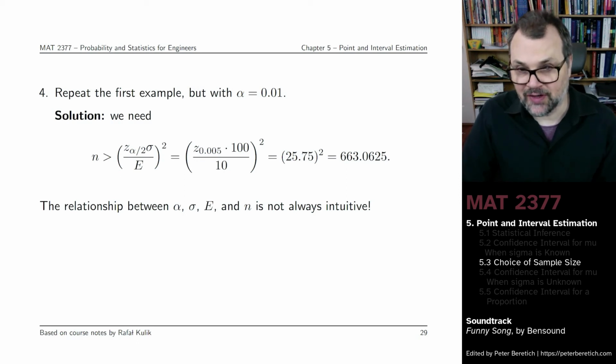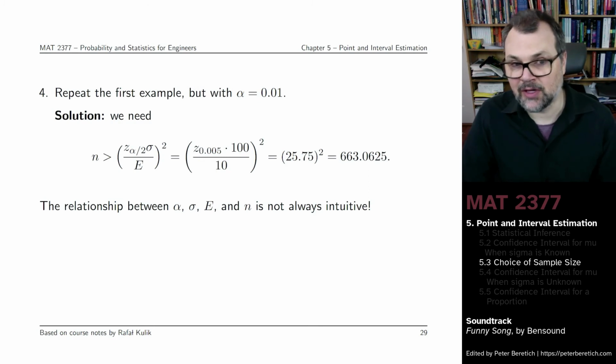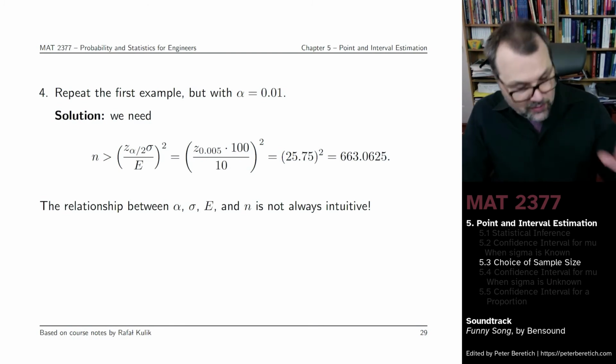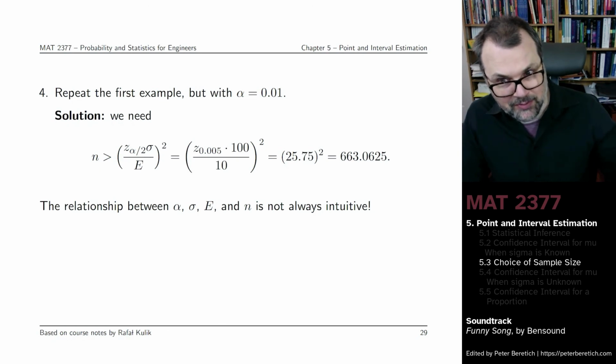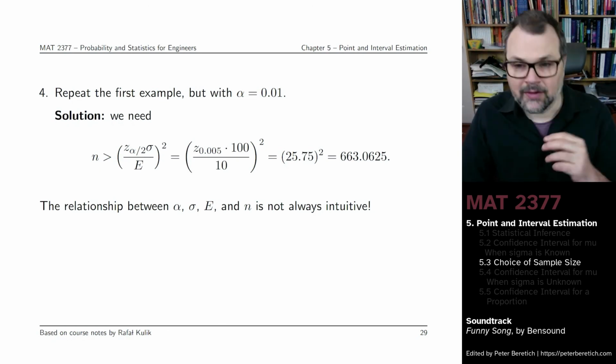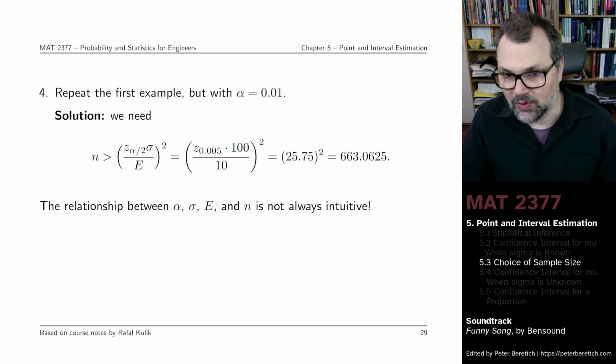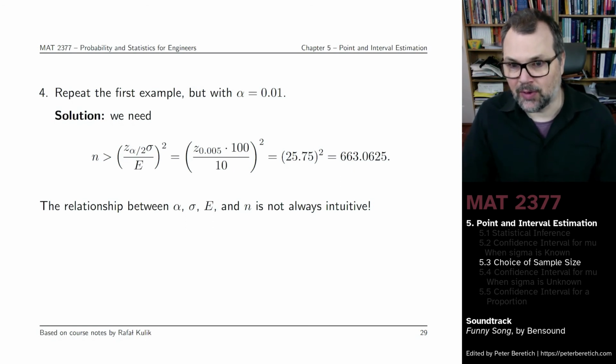Multiply by 100, divide by 10. That's the same thing as multiply by 10. Square that, 663. So as long as you had 664 observations in your sample or more, then you would be 99% certain, with the explanation we've given of what that means before, that the sample mean would be within 10 units of the true population mean.